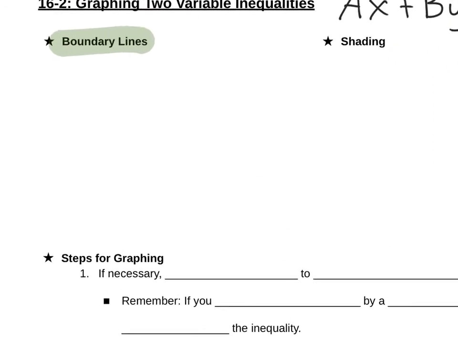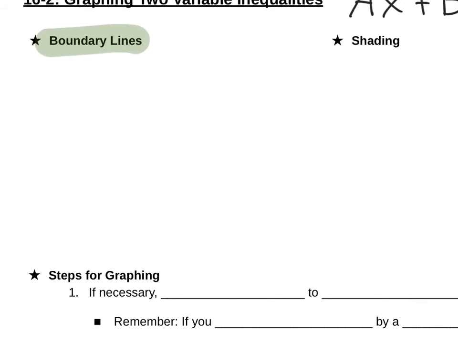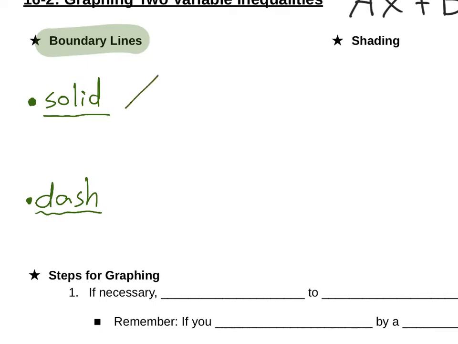We could have a solid boundary or a dash boundary. A solid boundary is just a solid, normal old line that we've been graphing for a while. They could be an increasing line, decreasing, or horizontal or vertical.